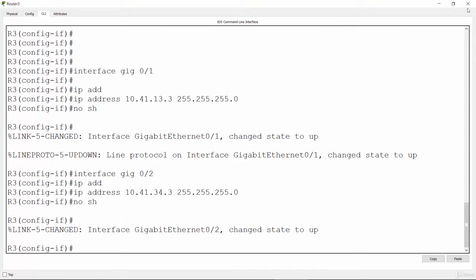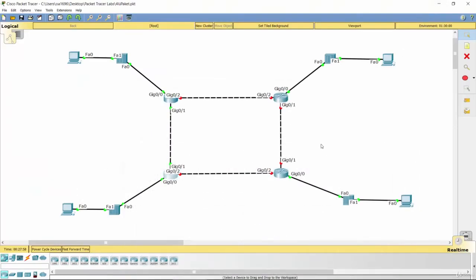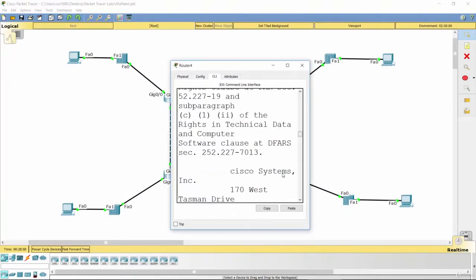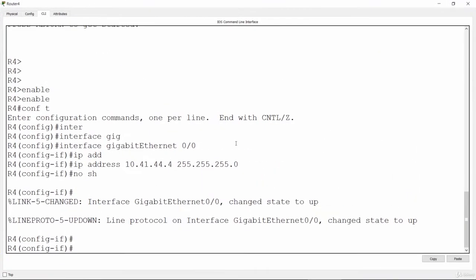And the last step is we are going to take a look at router 4.